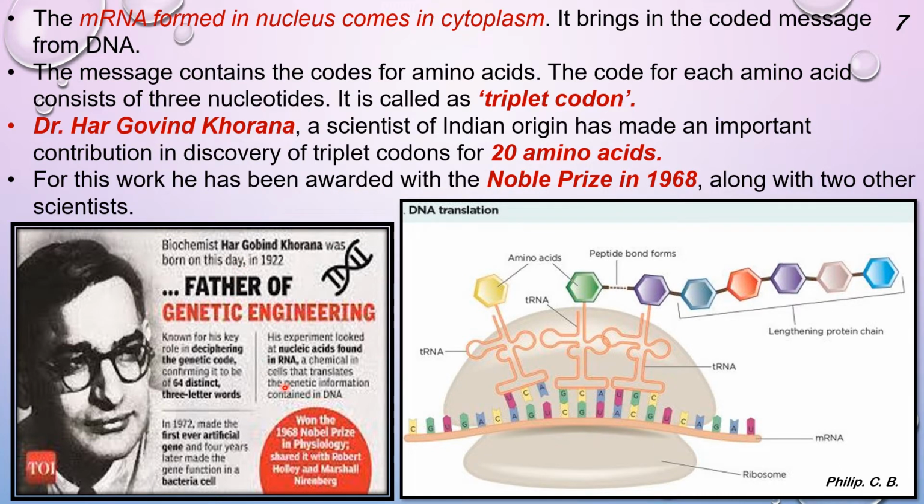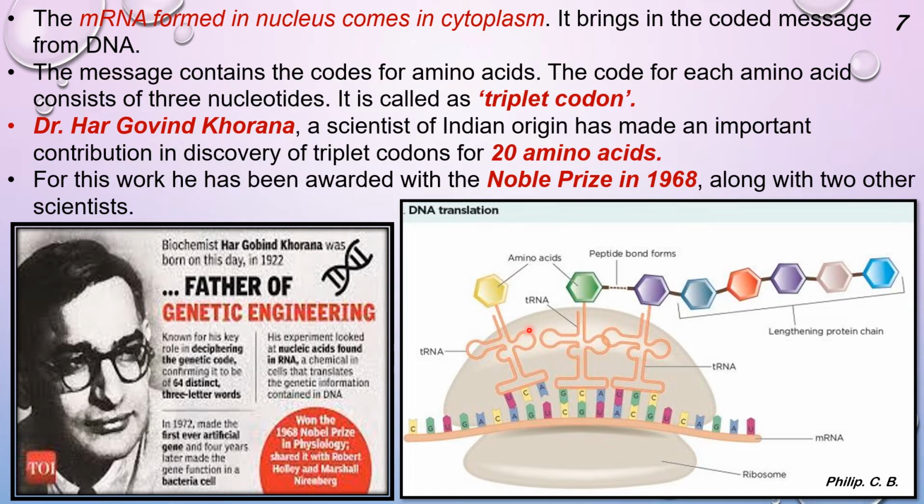Here you can see small details about Har Gobind Khorana, his work and achievements. He won the 1968 Nobel Prize in Physiology, sharing it with two other scientists. Who are they? Robert Holley and Marshall Nirenberg. So you can remember the other two names as well.